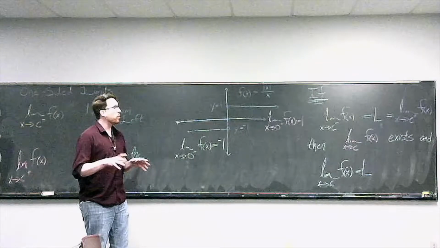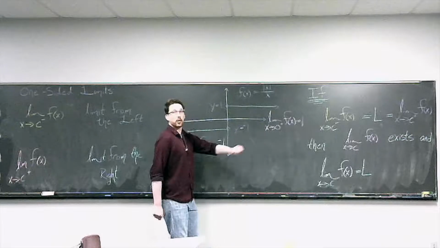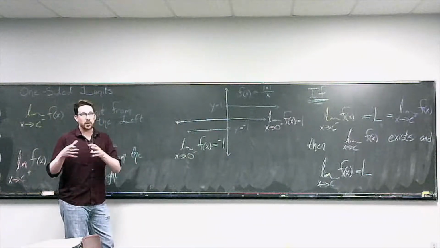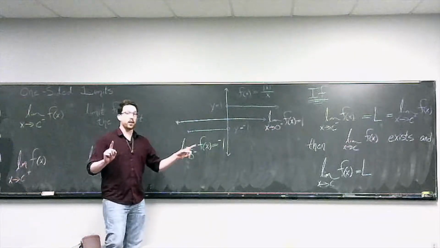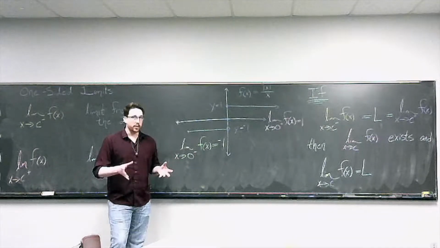Now, in a situation like this, where the limit from the left and the limit from the right don't agree, we would say that the limit as x approaches 0 does not exist. So you can have one-sided limits and not the limit.